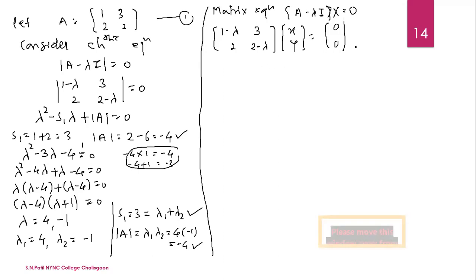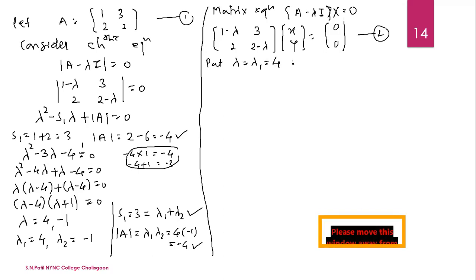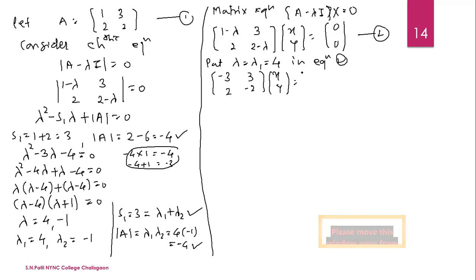Say equation number 2. Put lambda is equal to the first eigenvalue 4 in equation number 2. Then we put 4 here, that is minus 3, 2, put 4 here, 2 minus 4, that is minus 2, x, y is equal to 0, 0.